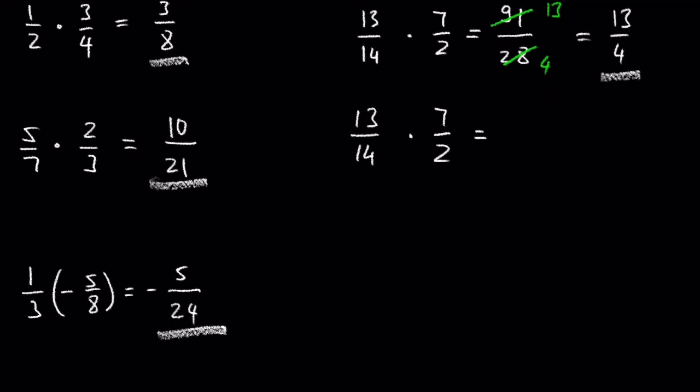Always check if you can simplify the numerator and the denominator of the first fraction, or the numerator and the denominator of the second fraction, and so on. We immediately see that the common factor of 14 and 7 is 7.